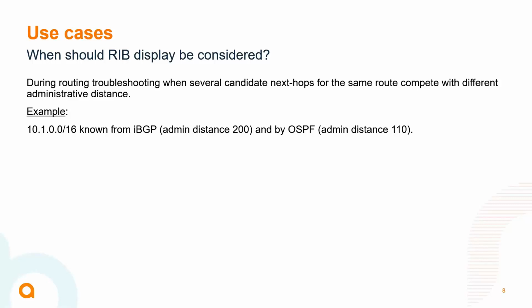But it might be very important to know that you learn that by internal BGP. Having that information from the RIB is very interesting, for instance, to understand what will happen if there is a link failure or a path failure. Then I know immediately that this route would be already known from an alternative routing protocol.